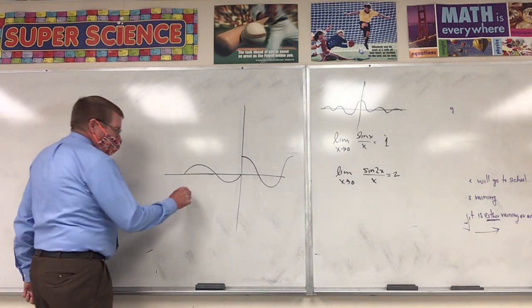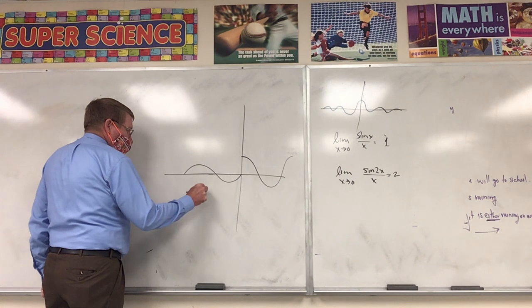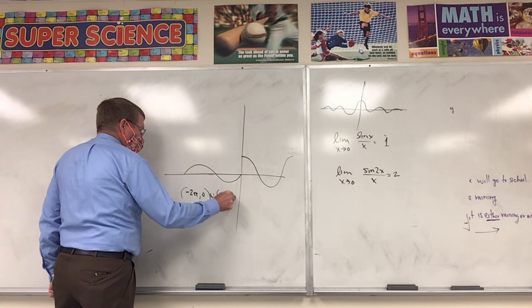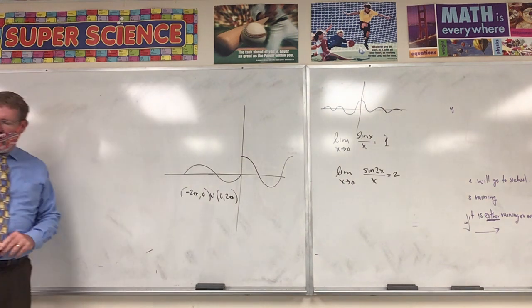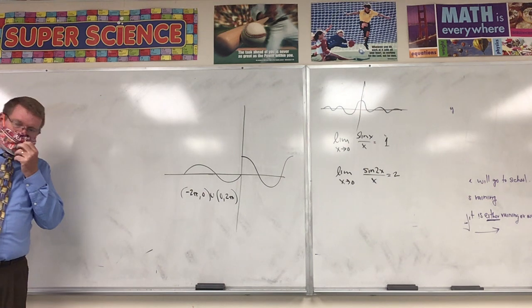From negative 2 pi to 0, and then from 0 to 2 pi. So then the only left-hand limit would be at 2 pi, correct? And the only right-hand limit will be at negative 2 pi. Okay.